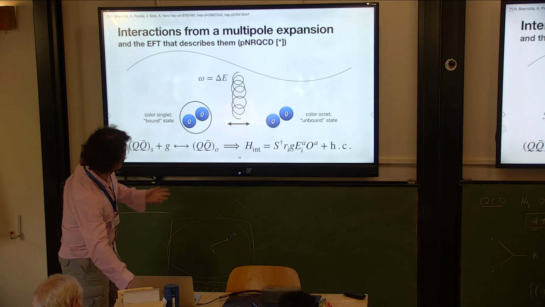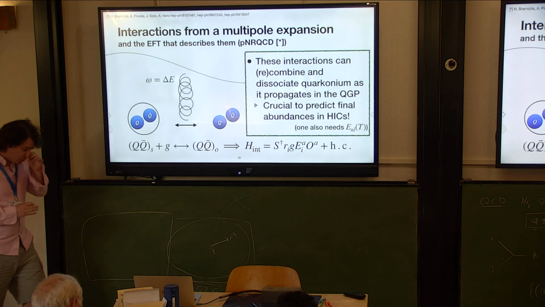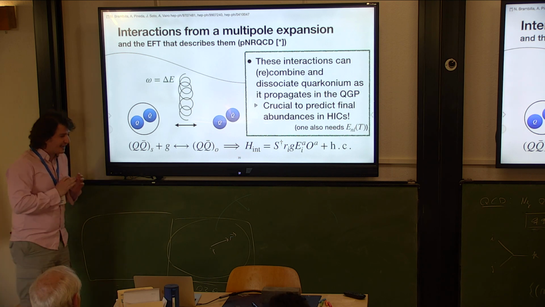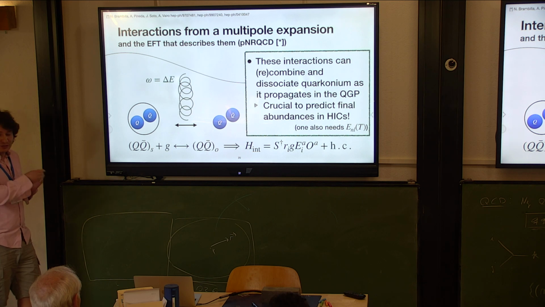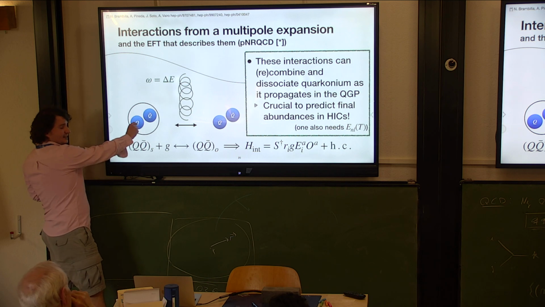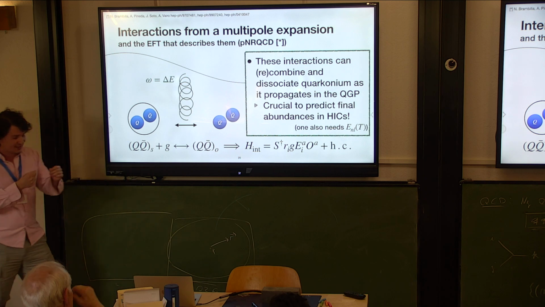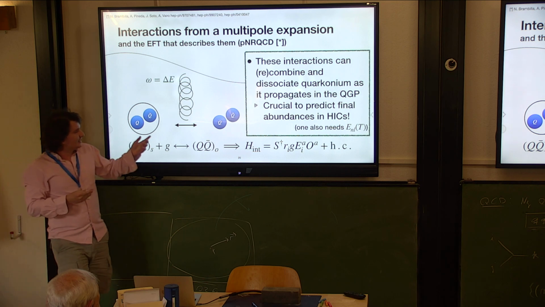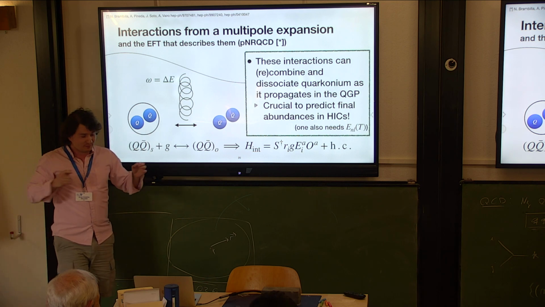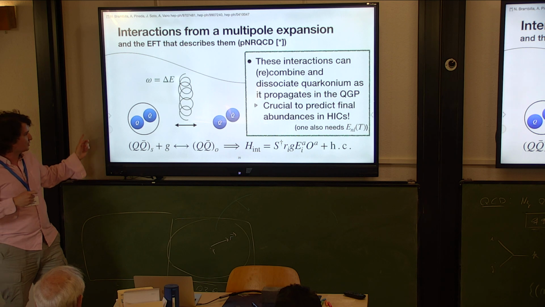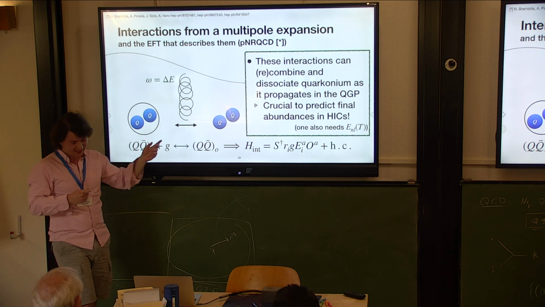Okay, so that's it. The crucial point out of all of this is that this is an additional process that you have to consider in addition to screening. So in addition to whatever medium modification the interaction between these two heavy quarks gets from the medium, you also have to account for the possibility that a gluon from the medium can induce a transition between these two states.